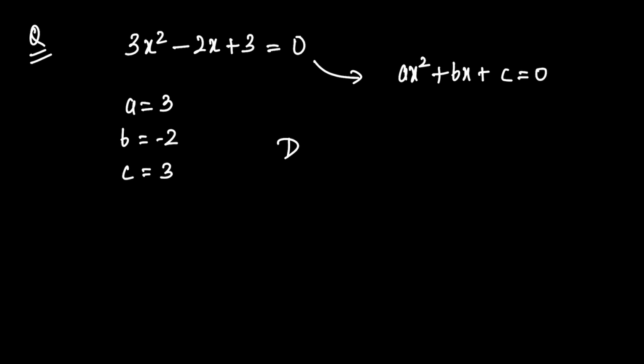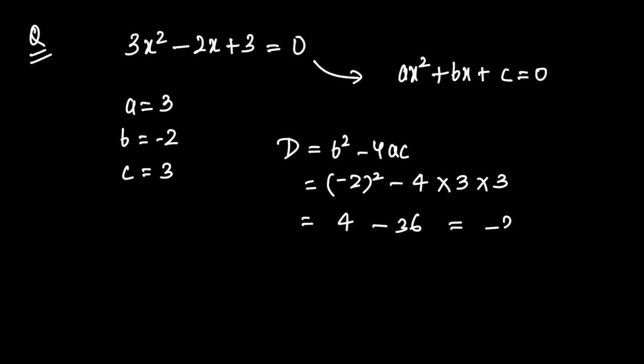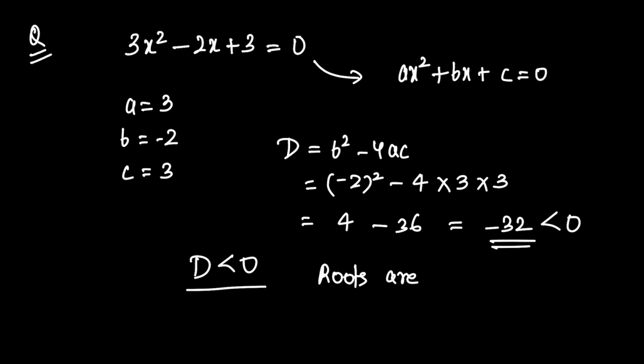So discriminant is b square minus 4ac. (minus 2) whole square minus 4 into 3 into 3, that is minus 32, right? This is less than 0. See, the value of discriminant here is less than 0. That means the roots are imaginary. Okay.